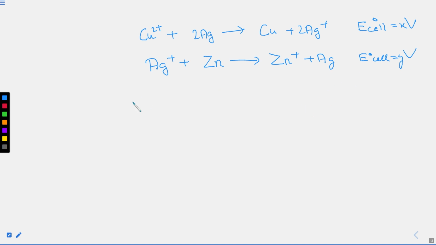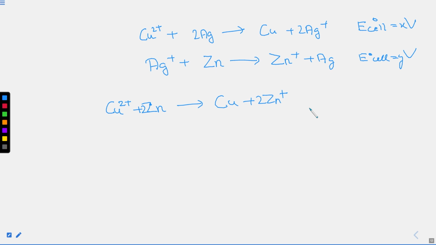Now you have to find out the E naught for this equation, which is this one. From thermochemistry, you have seen that if it was a thermodynamic property like enthalpy, Gibbs energy or entropy, then what would we have done?